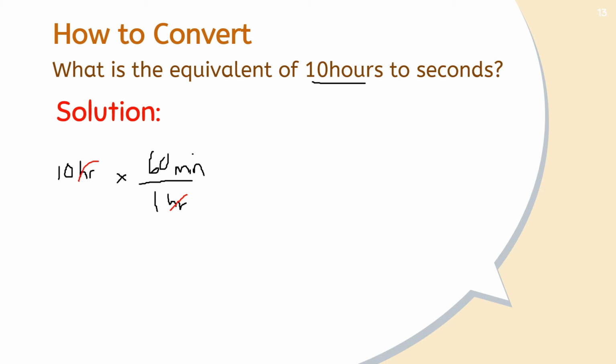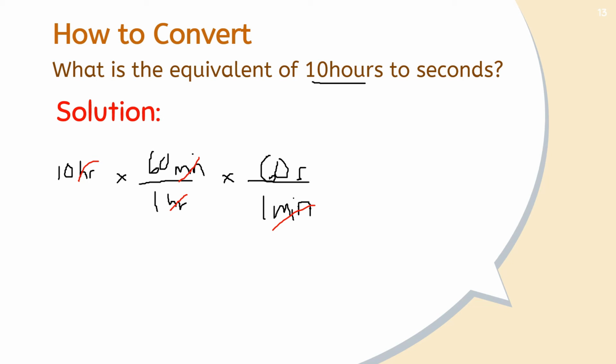Then we still have the minute unit left, times the conversion of minutes to seconds. In 1 minute there are 60 seconds. So we can cancel minute and minute.